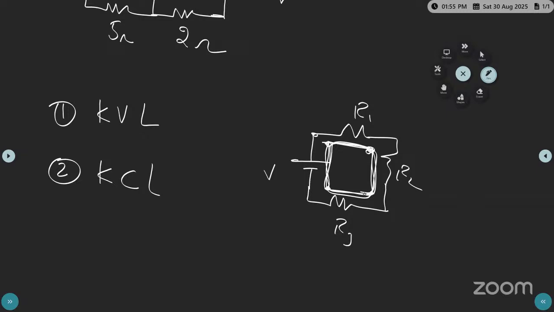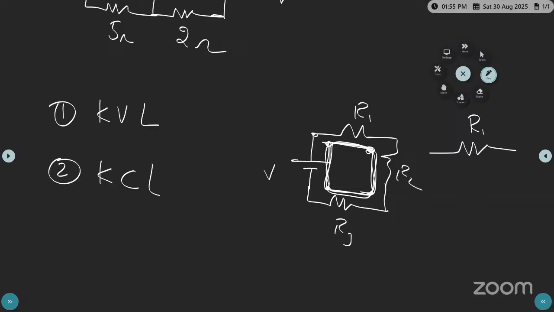For this statement, you have to take one circuit. Let us say this is the circuit. If a resistor is available, how can we find out the voltage across this element?